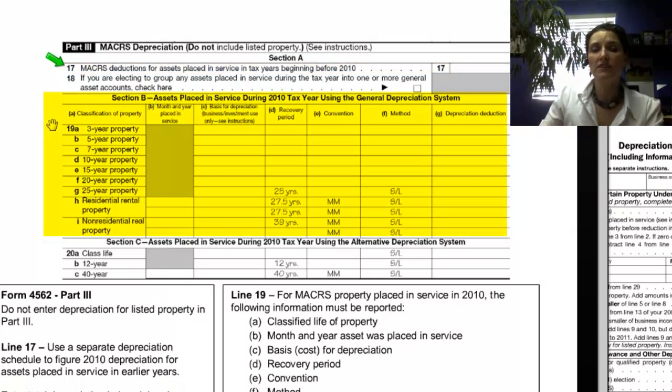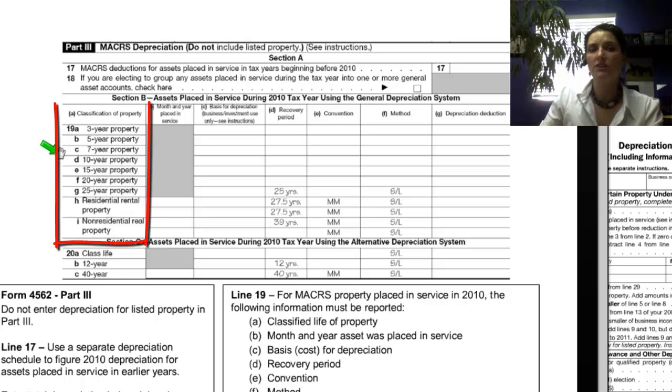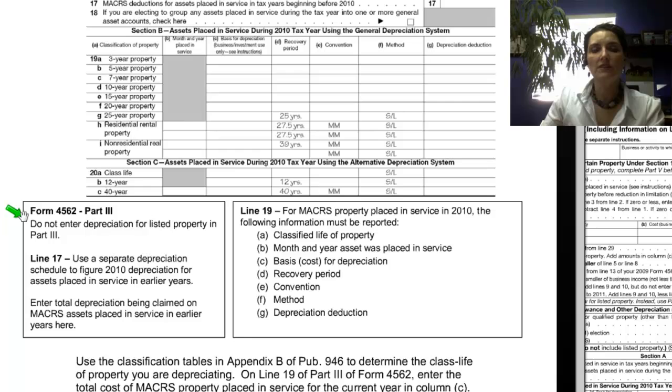But if it's placed in service this year, then it would be entered in Section B, and you will observe that Section B is divided by class life in years. And then we have Section C, assets placed in service during 2010 tax year using the alternative depreciation system. And then we have 12-year property and 40-year property. Form 4562 Part 3, do not enter depreciation for listed property in Part 3.